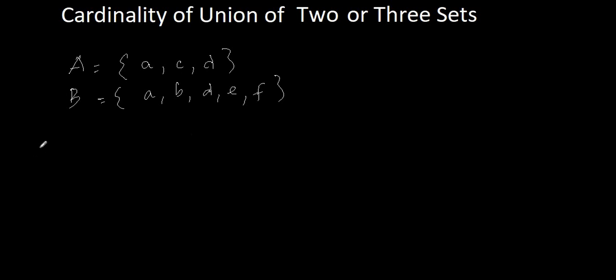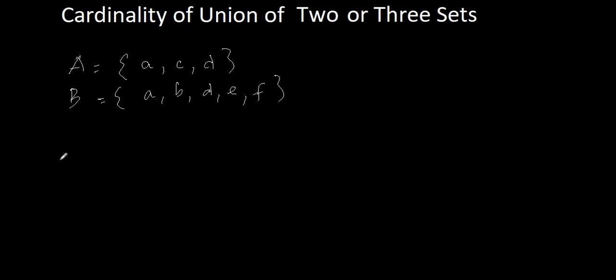Okay, let's find the cardinality of A union B using our formula. So it's really very important to memorize the formula so that we can apply this in solving word problems involving sets.